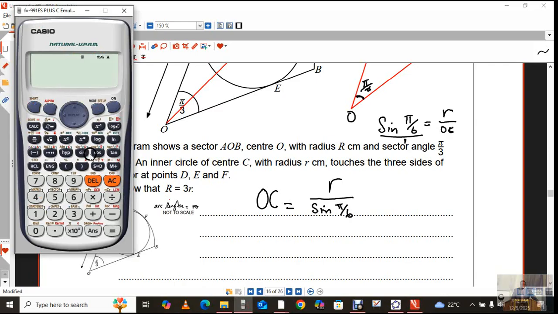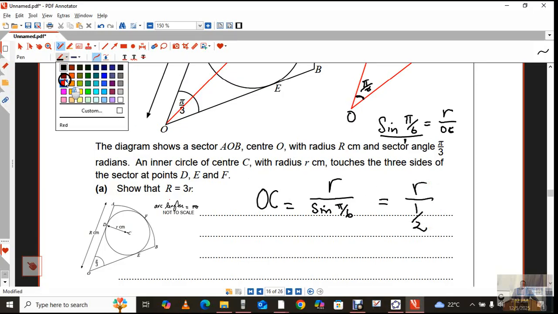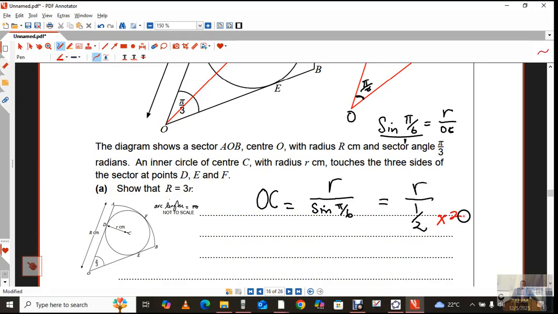So the sine of pi over 6, and I hope you know this from your special angles, is 1/2. So this is effectively R over 1/2. Then you can get rid of that by multiplying both top and bottom by 2. The 2's cancel here. Therefore, OC is equal to 2R.